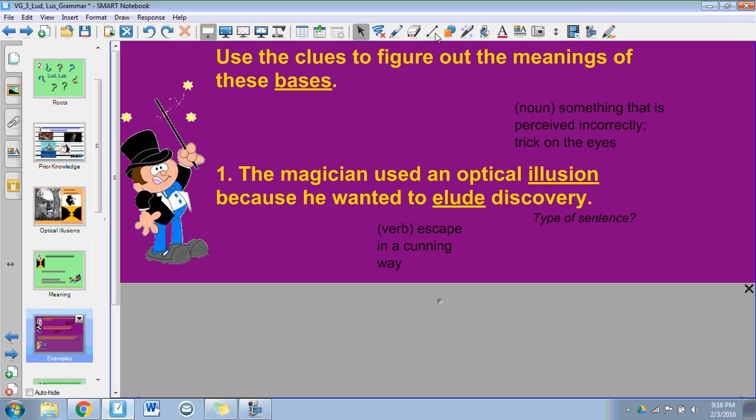Please write this down in your graphic organizer. The definition for illusion is to play a trick on the eyes. It's usually something that's perceived either incorrectly or in different ways. And then to elude is to escape in a cunning way. Once you have these definitions written down, please go ahead and continue the video.